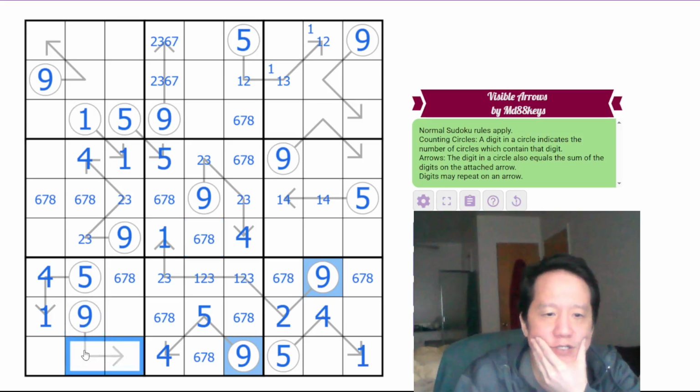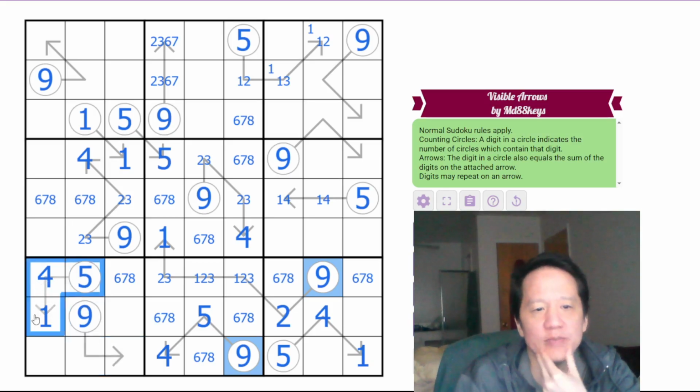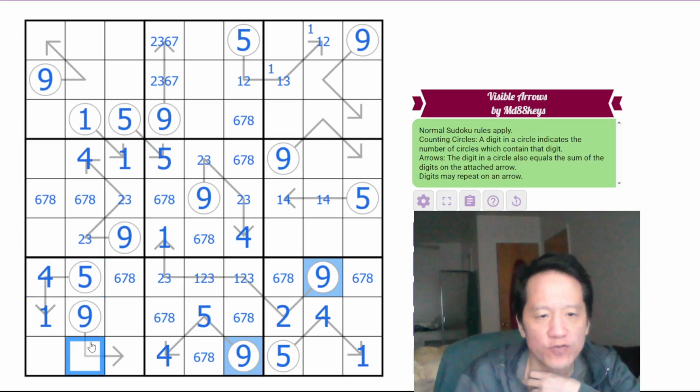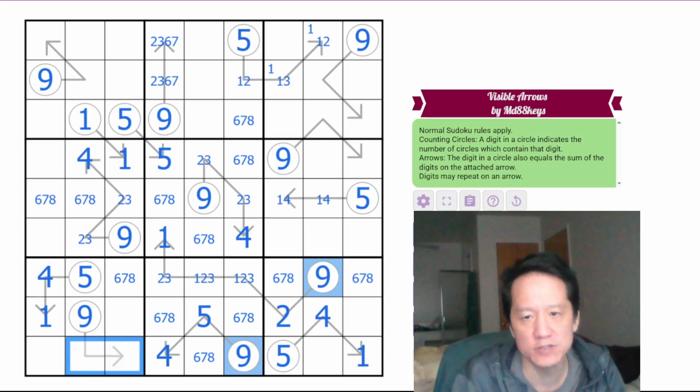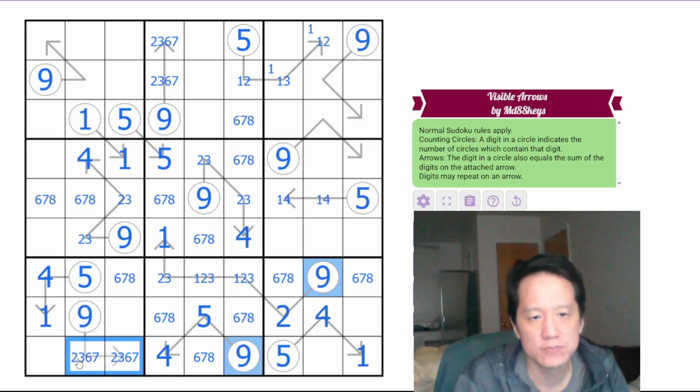These two digits must add up to 9, and 1, 8, and 4, 5 are eliminated because we already have a 1 and a 4, 5 in that box. Therefore, this is also 2, 7, or 3, 6 here. These two digits must add up to 9.